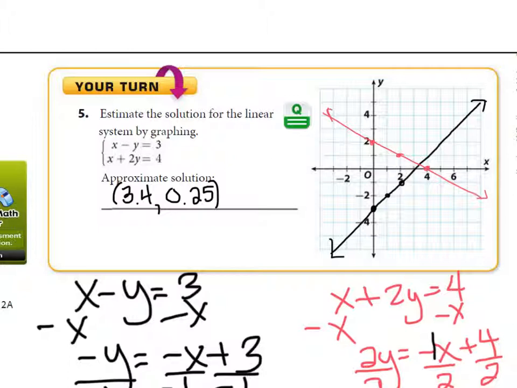Now again, we're talking approximate, so your answers might have been a little bit different, but you shouldn't have had like 4 point something or 5 point something or even any negatives. It should be pretty close to 3.4 and 0.25.